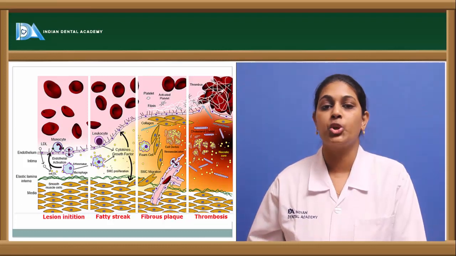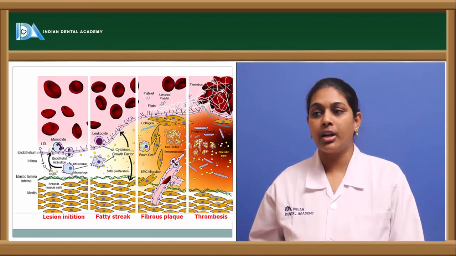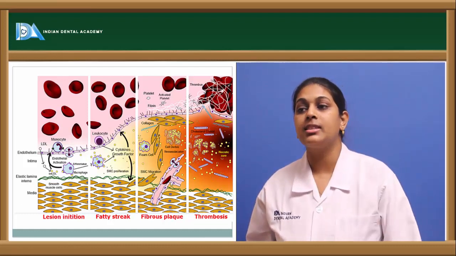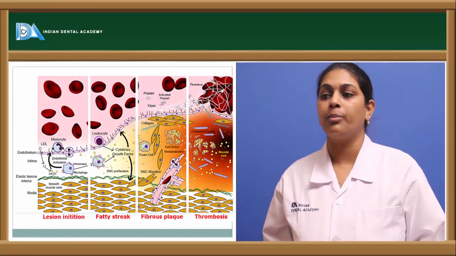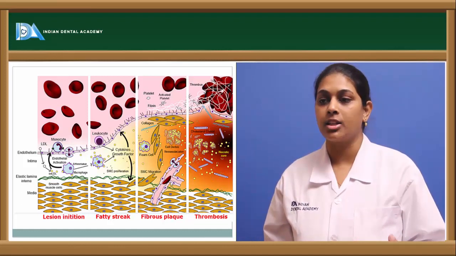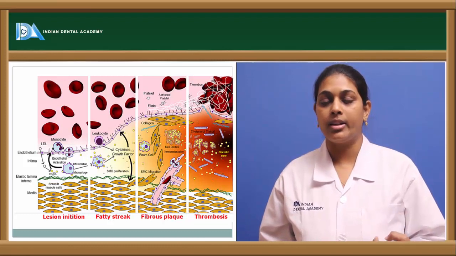So this is a picture which shows that a lesion is being initiated when there is damage to the endothelium. Because of this, the LDL, that is low density lipoproteins, enter the intima and then get oxidized and result in the formation of oxidized low density lipoproteins.